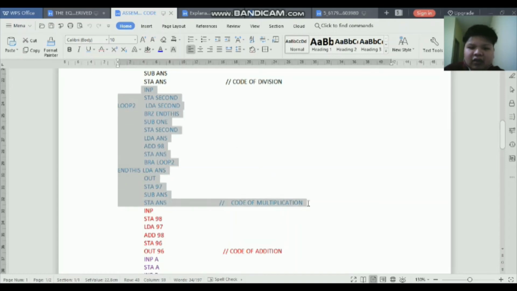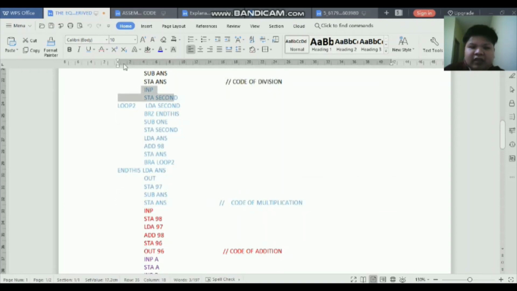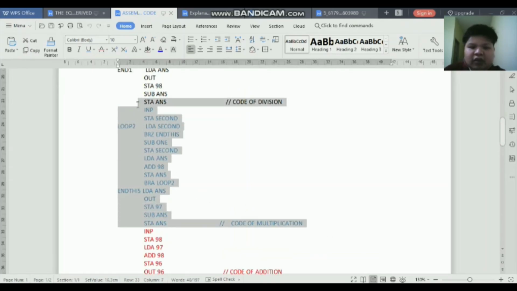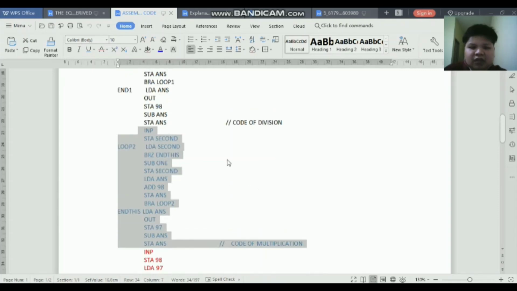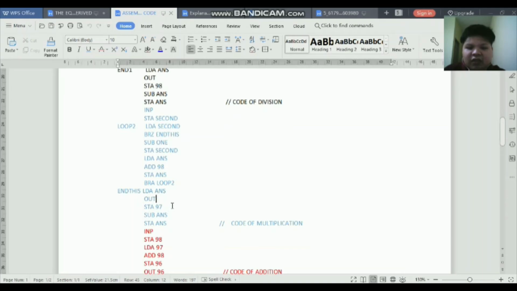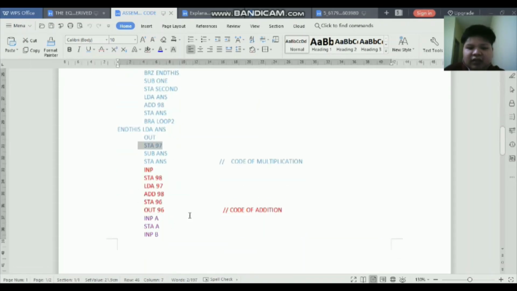Okay, next is the code for multiplication. Here we enter input b. This code will help us multiply the answer of c squared divided by d times the input b. After we get the answer, c squared divided by d times b, we store it in R97.